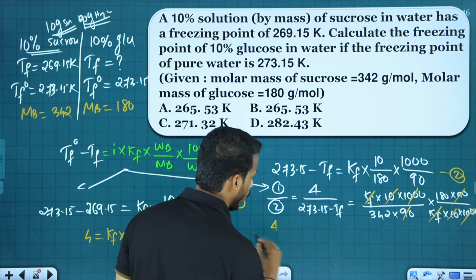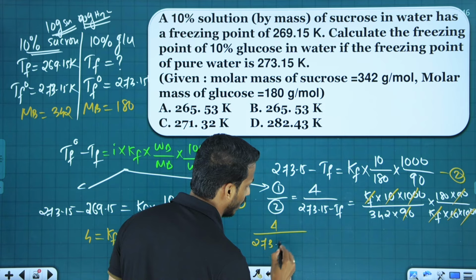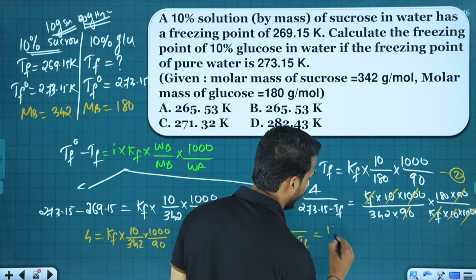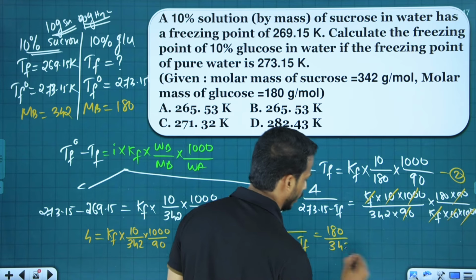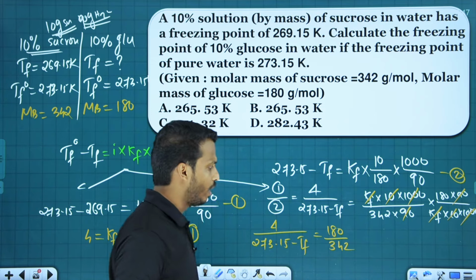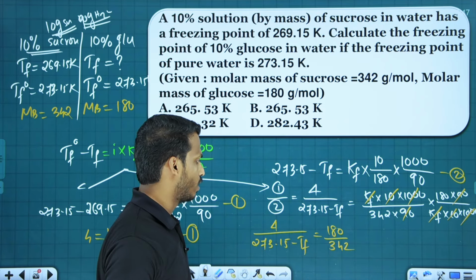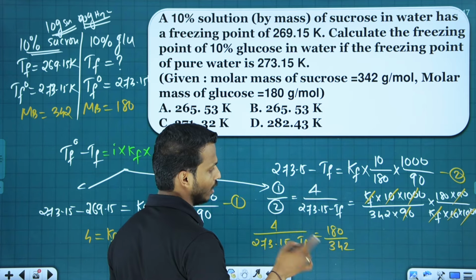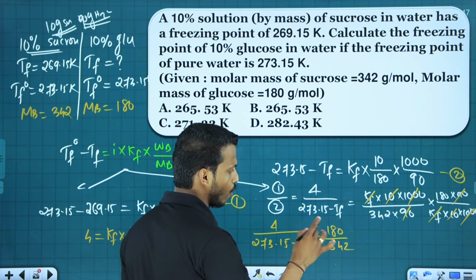So we have 4 divided by 273.15 minus TF equal to 180 divided by 342. When you do 180 by 342, it comes to around 0.53.